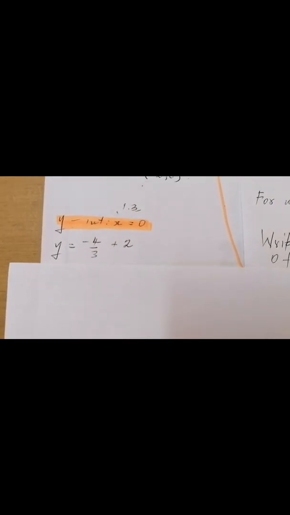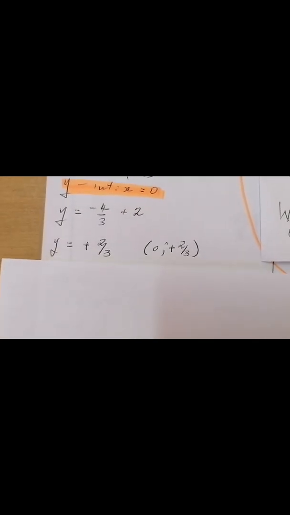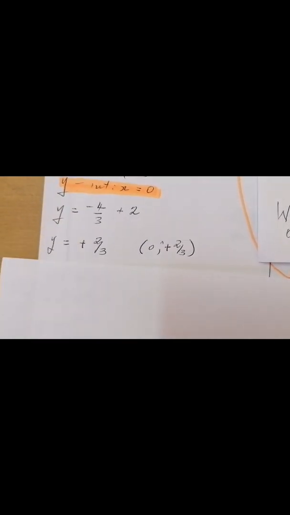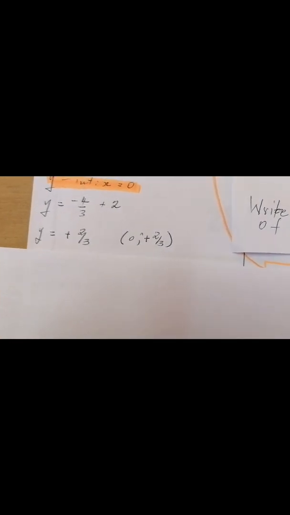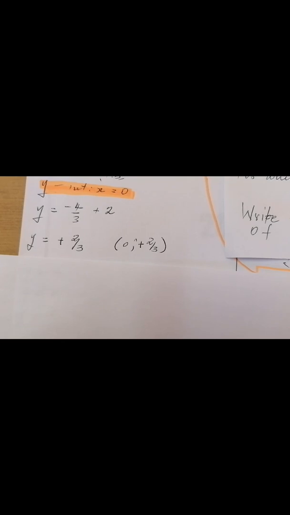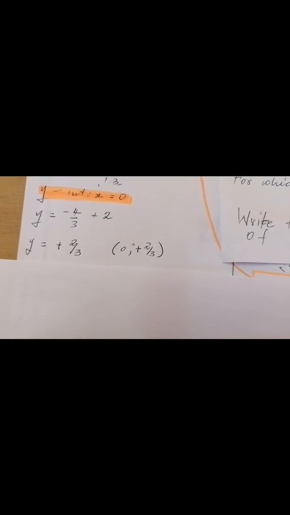Now let's move to the solution. When you add those two, you get 2 divided by 3. Now the y-intercept of the hyperbola is (0; 2/3).